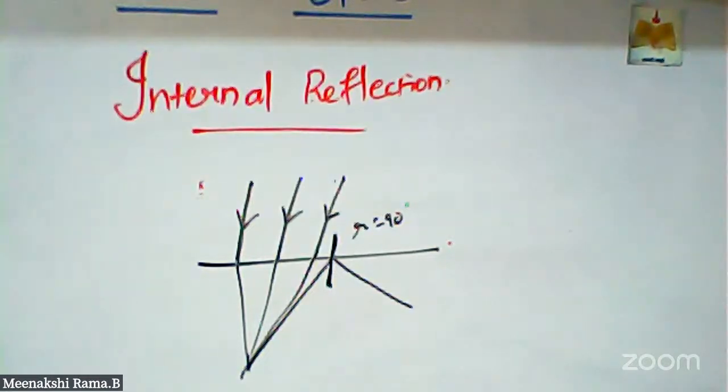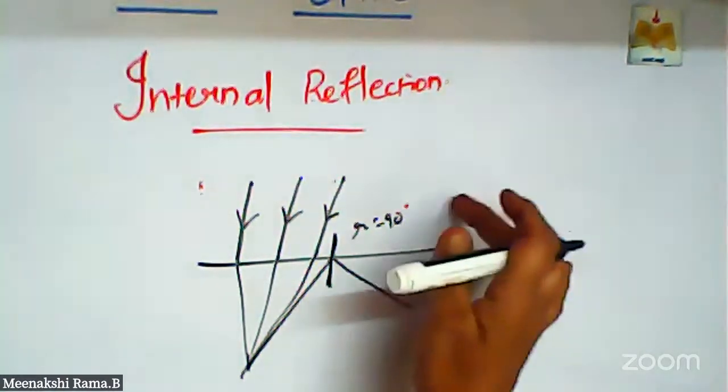This kind of reflection is called internal reflection. As the angle of incidence in the denser medium increases, the angle of refraction also increases. The maximum value of r is 90 degrees, and that particular value of the angle of incidence is called the critical angle. At this angle the refracted ray lies along the surface of separation between the two media.